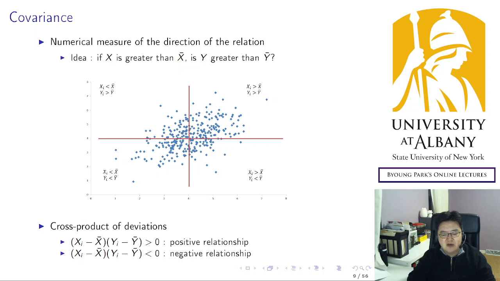The idea of the direction is when we say the relationship is positive, like upward sloping or downward sloping. By the way, the variable on the horizontal axis is x and the vertical axis has y. When the relationship is positive, that means when x increases, y tends to increase, or equivalently, when x decreases, y tends to decrease.